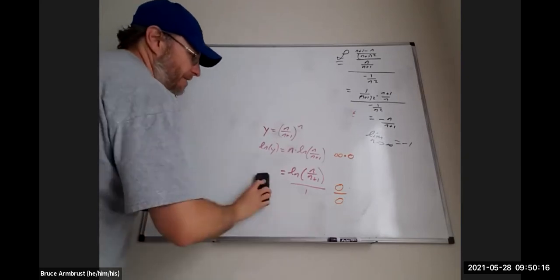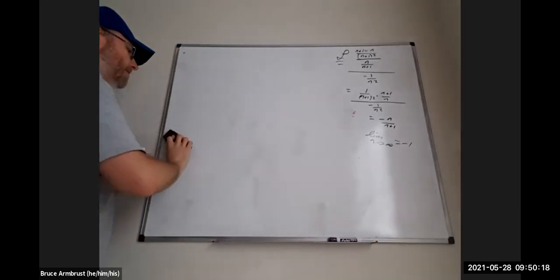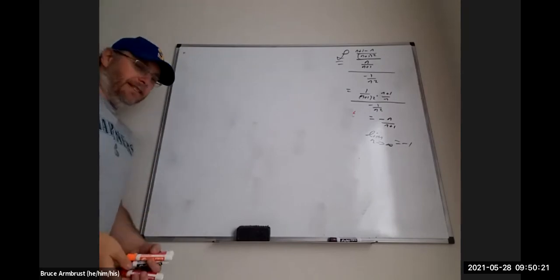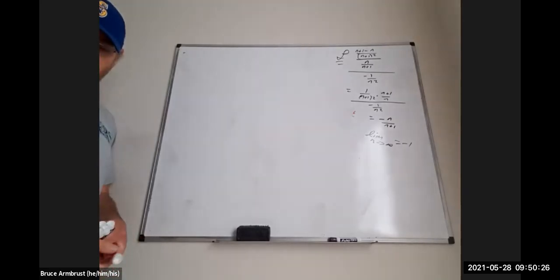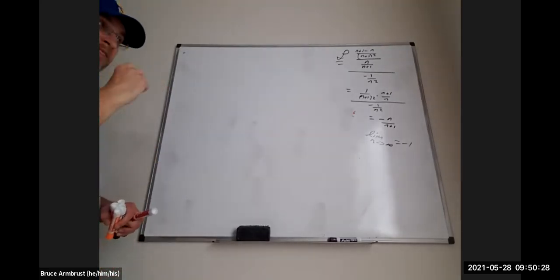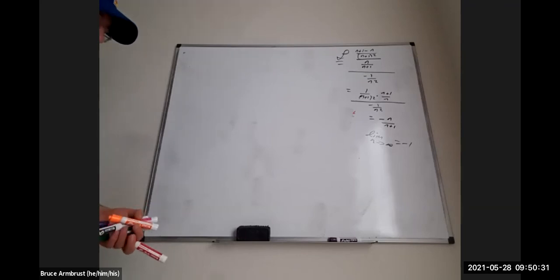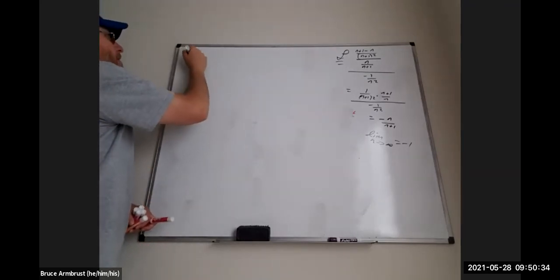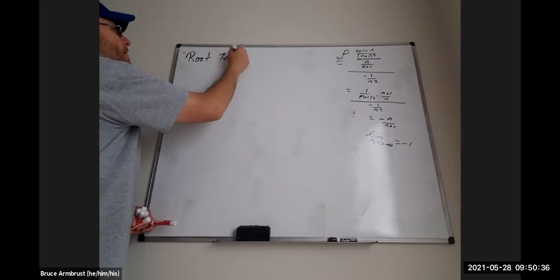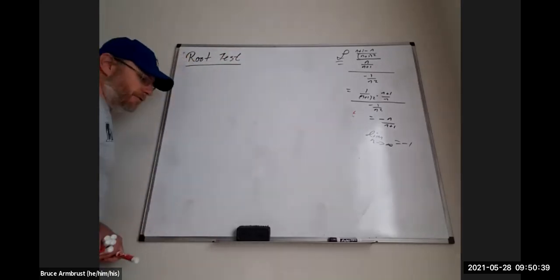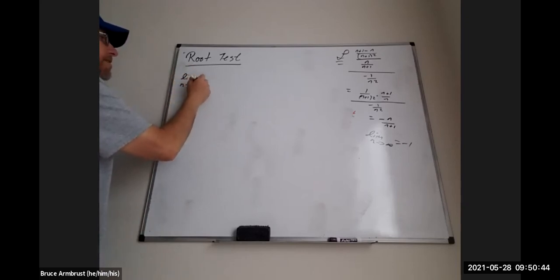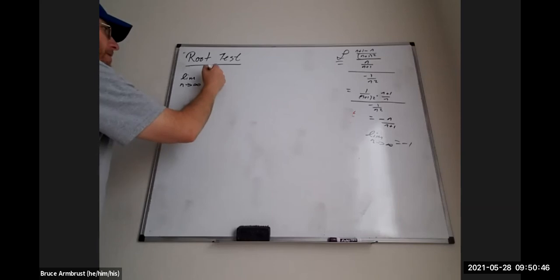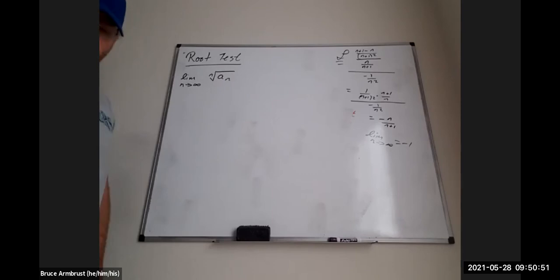The root test is actually very similar to the ratio test, where we're going to take a limit of terms here, basically, and that limit value is going to tell us convergence or divergence. And for the root test, when we take our limit, we're going to go limit as n goes to infinity, but we're going to look at the nth root of a sub n.